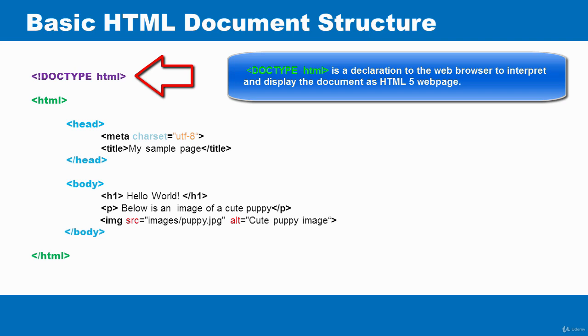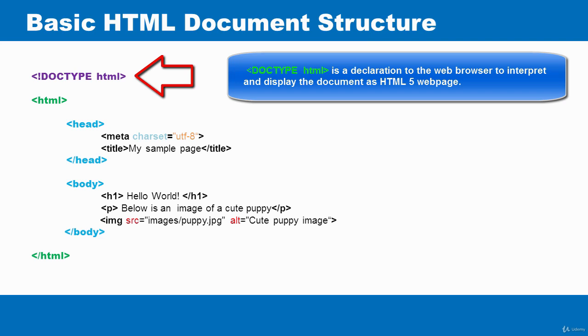It's the first thing you should do so the web browser knows what type of document to expect, and then they can render the correct document. I have written the doctype in uppercase, but it is not case sensitive, so you can also write it in lowercase.